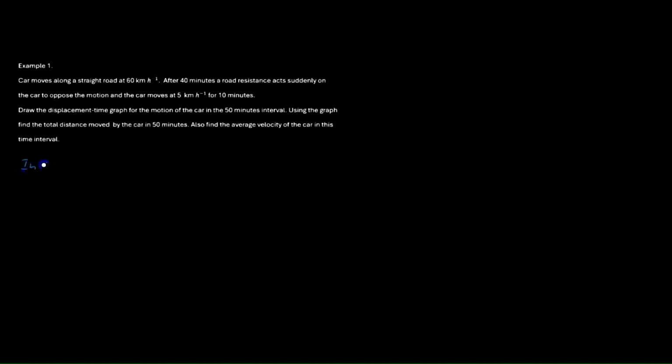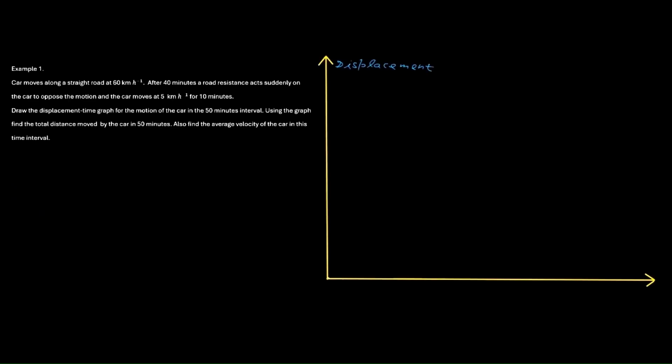Now let's plot the graph. Since the velocity is given in kilometers per hour, the time should be in hours. Let's draw the two axes. Vertical axis is for displacement, and horizontal axis is for the time.